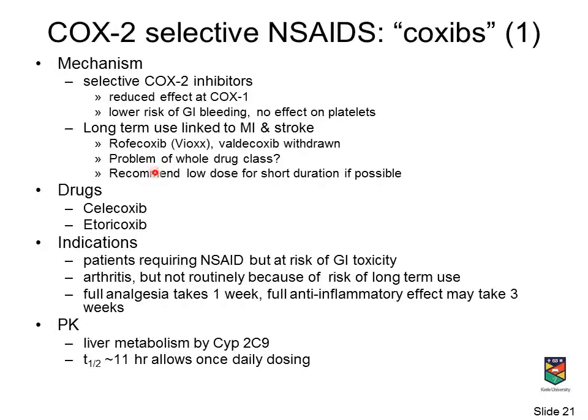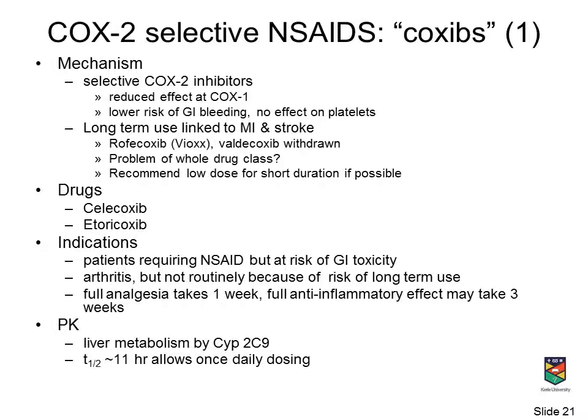And it's recommended that they be used, if they are used, at a low dose for as short a duration as possible. And the drugs that are still used are celecoxib and etoricoxib. And they're useful in patients where you need the analgesia, but you've got a high risk of GI toxicity. So you need to avoid a drug that's going to cause GI effects.